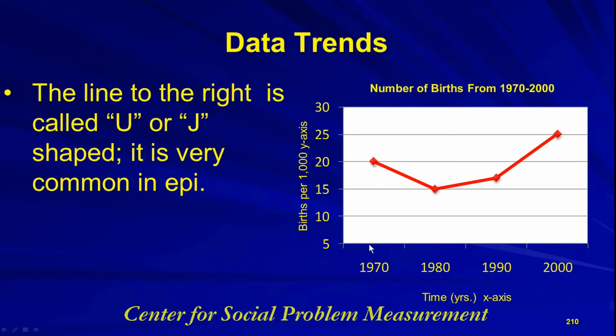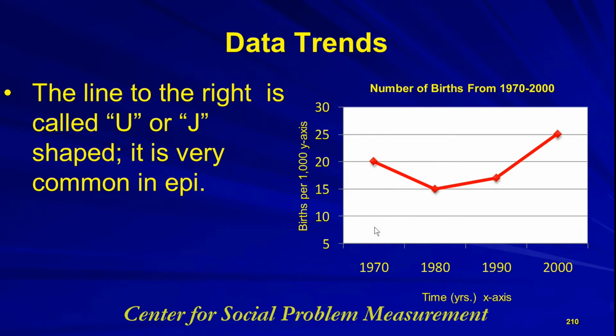And so this would be your y-axis, and time would be your x-axis. Now you can see that this is really a J-shaped curve. Now to make it a U-shaped curve, we would have to have 25 per 1,000 in 1970.